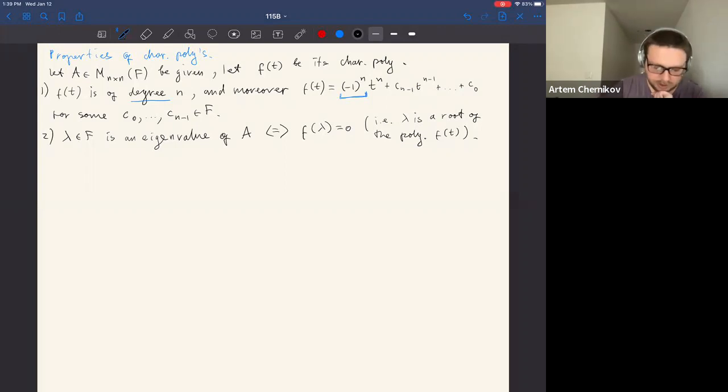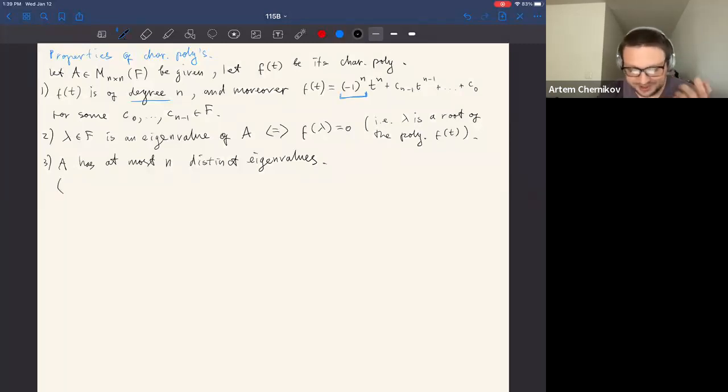Okay. Then we have the third point. A has at most n distinct eigenvalues. Why? Because we just said that the eigenvalues are precisely the roots of the polynomial, and the polynomial is of degree n.